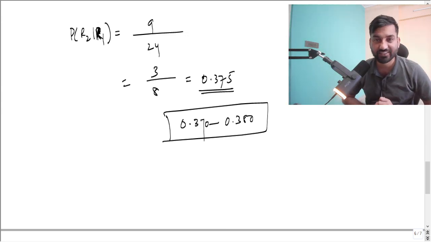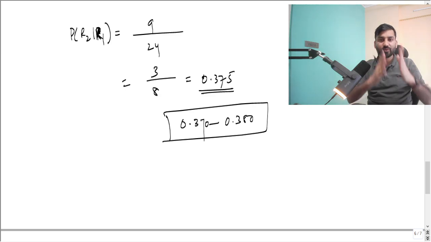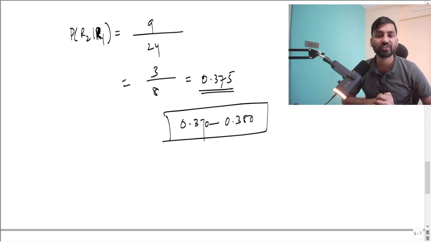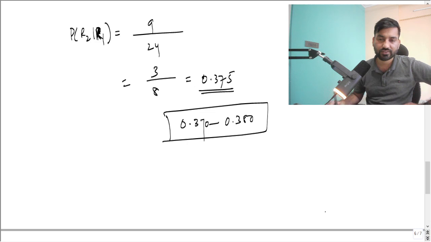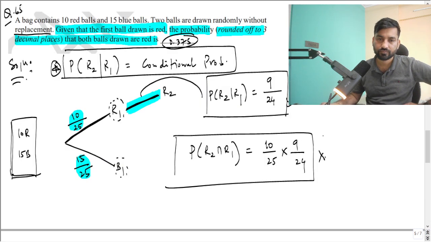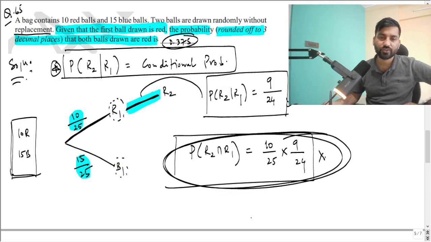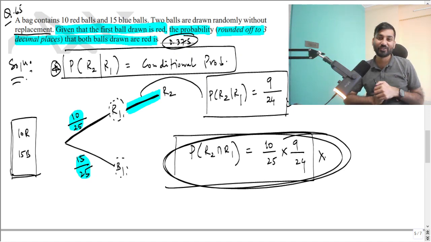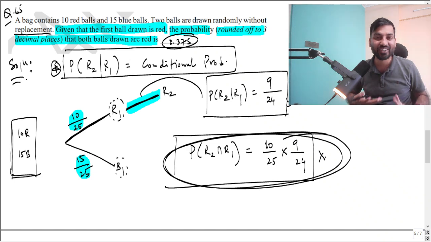I think you guys understood, and visually you can now visualize how to find conditional probability. So there should not be any confusion. What many students will do here is this. In fact, I also did it when I got to see it for the first time. So if Dheeraj sir is doing the same, it means you are also doing the same.